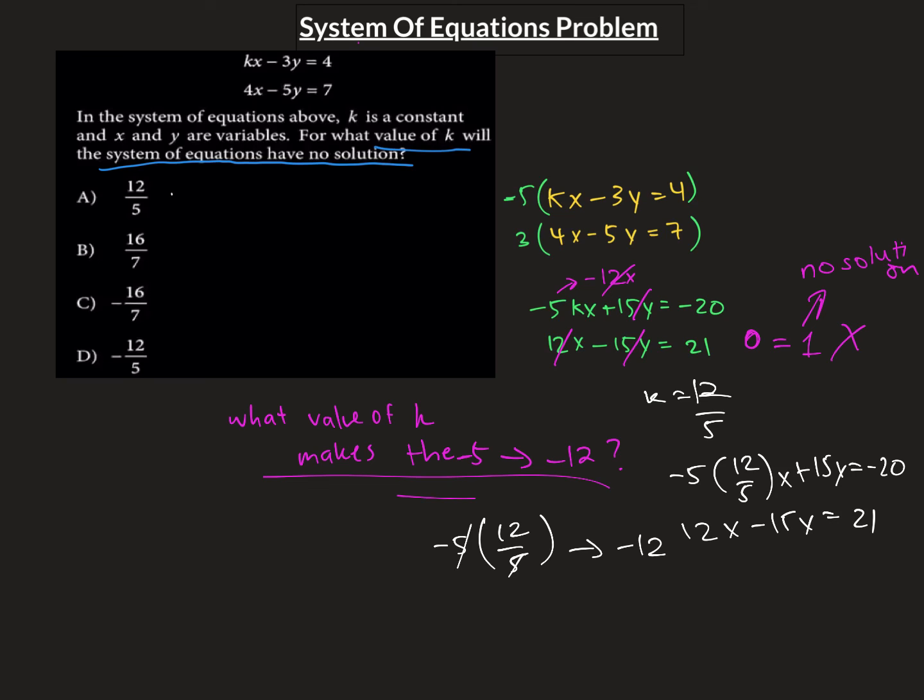Now the two y's cancel because positive 15 and negative 15, and this now becomes minus 12. So now the positive and the negative x cancel out. Now we get 0 equal to 1, and this is incorrect. So there's no solution. So our final answer is A.